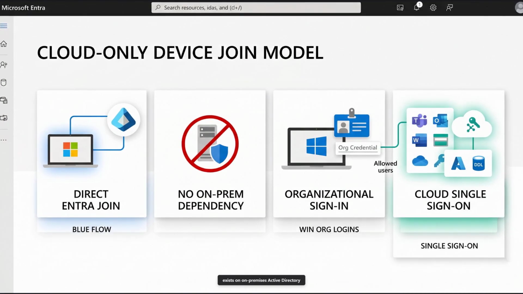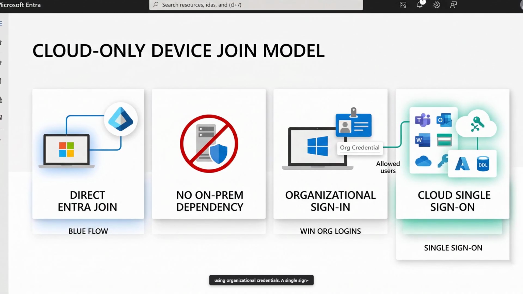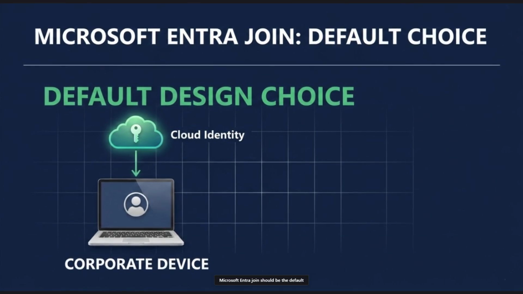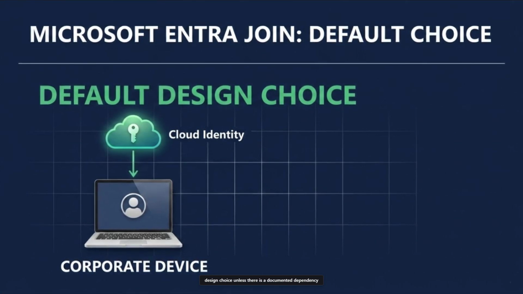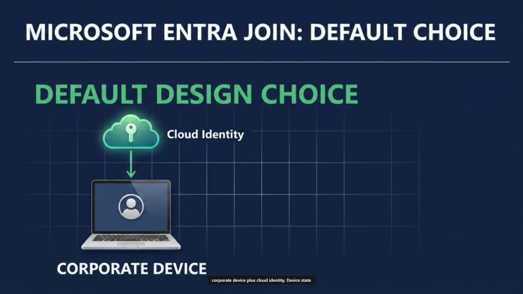No dependency exists on on-premises Active Directory. Users sign into Windows using organizational credentials. Single sign-on is provided to Microsoft 365 and cloud resources. For most new Windows deployments, Microsoft Entra Join should be the default design choice unless there is a documented dependency on Active Directory. Think of this as corporate device plus cloud identity.